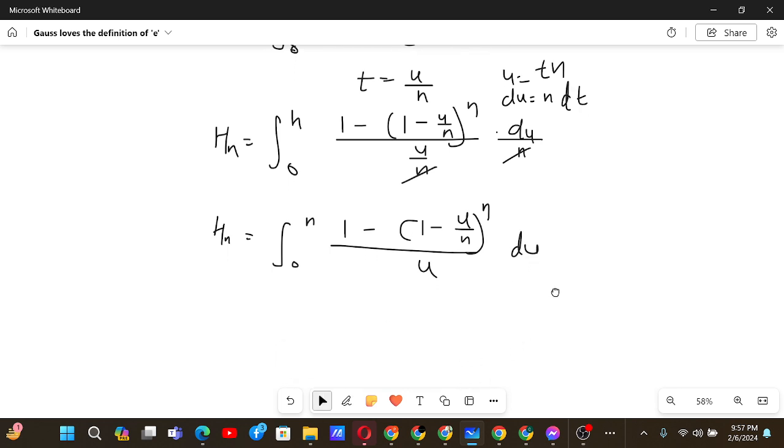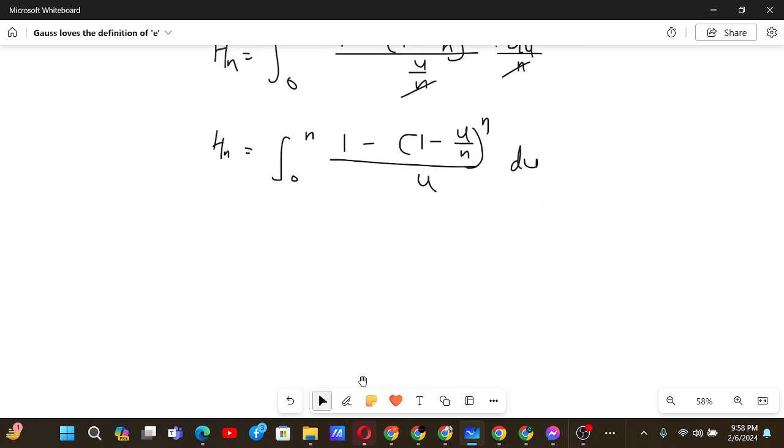Now Gauss was trying to find an integral representation for the Euler-Mascheroni constant, so how can we try to find ln u from this? Since here we have 1 by u, we can find ln u.